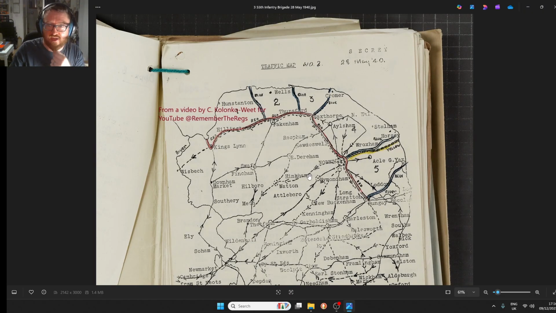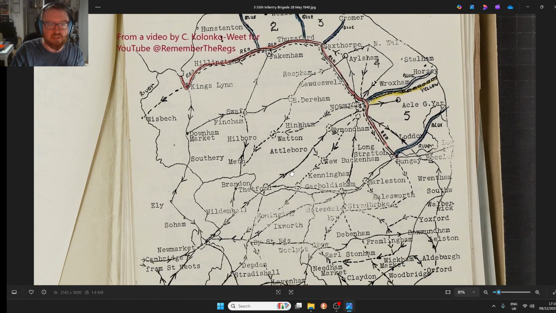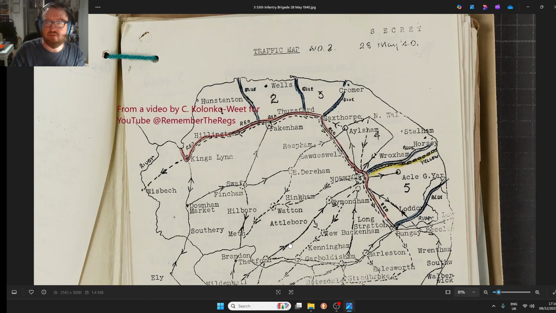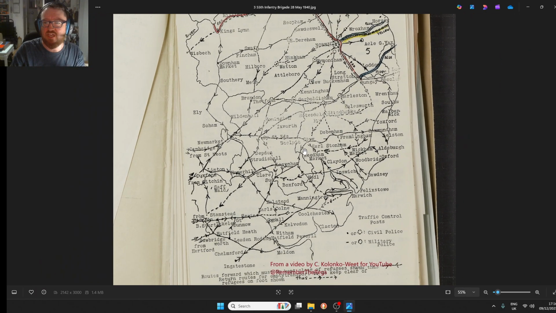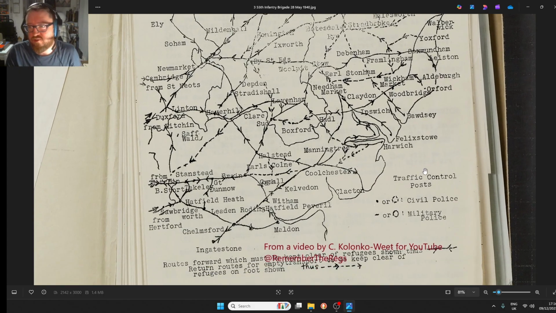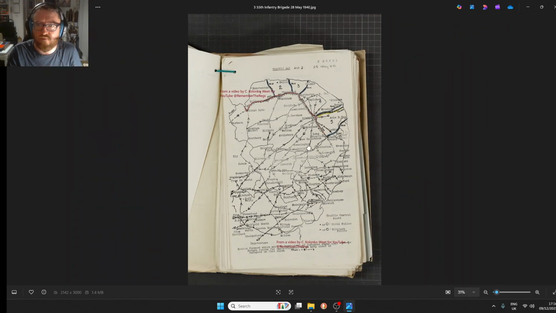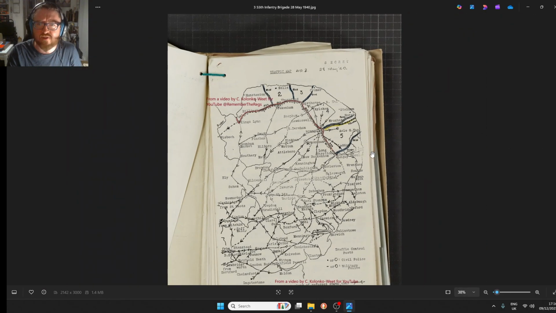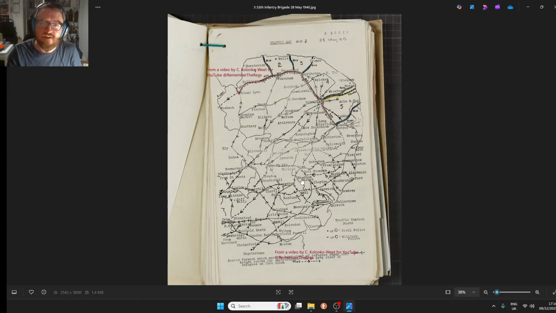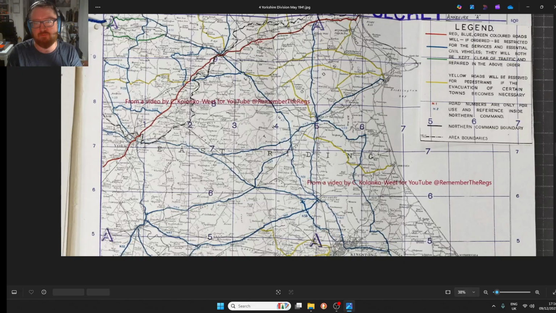Vast amount of planning has gone into this, and I don't think there's anything on there really that any data thieves can really nick, unless they want to start trying to record traffic control posts, but anything to bolster numbers with certain online projects. Anyway, so yeah, hopefully this gives an insight into how detailed planning was and how the issue of civilian traffic blocking the road networks was considered.